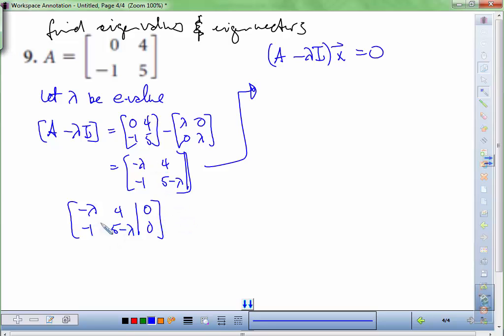So, I think what we want to do, if you want to get an actual vector here, is we want the null space of A minus lambda I to be non-zero.